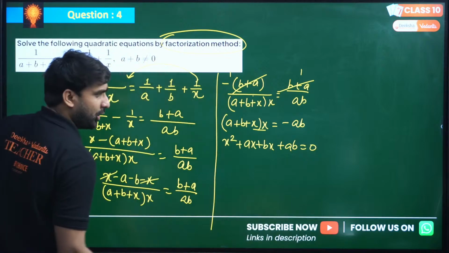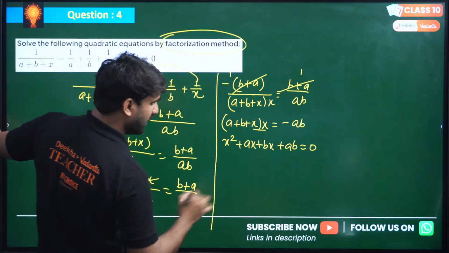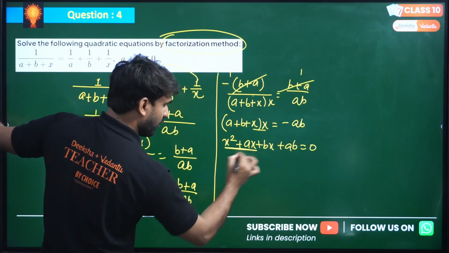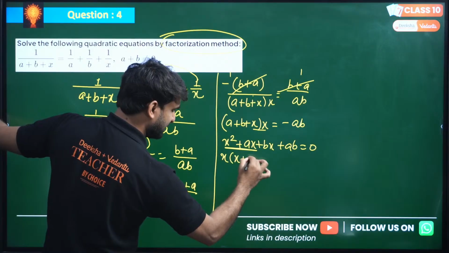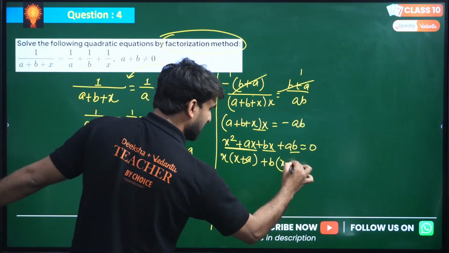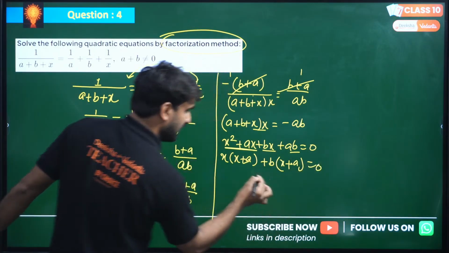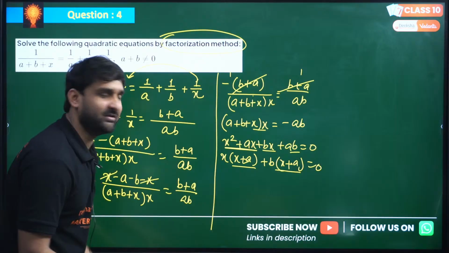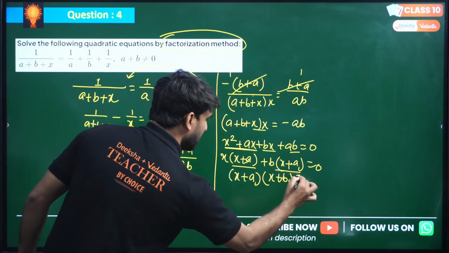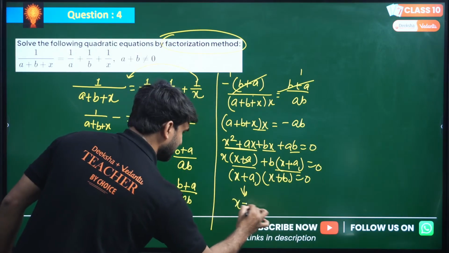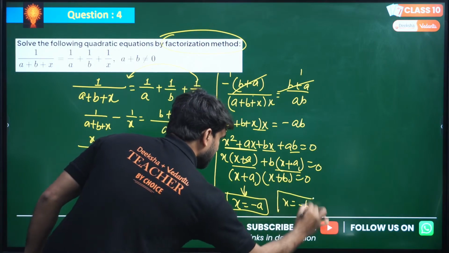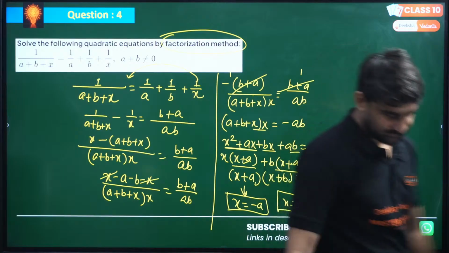Now take common: x is common in the first two terms, so x plus a, and b is common in the others, so x plus a. Both the brackets are the same, so x plus a, x plus b equals 0. So x is minus a, and x is minus b. This is the solution.